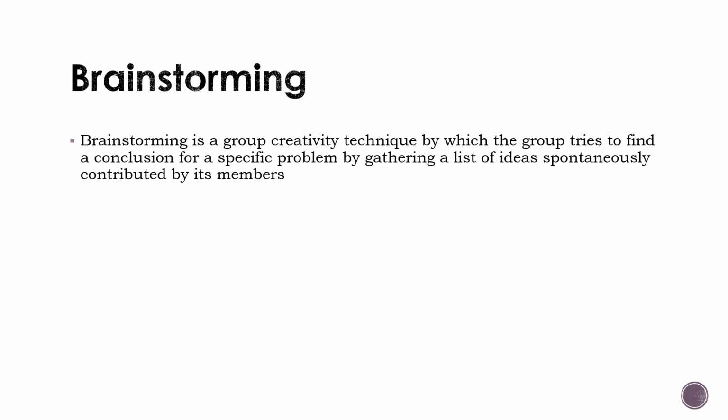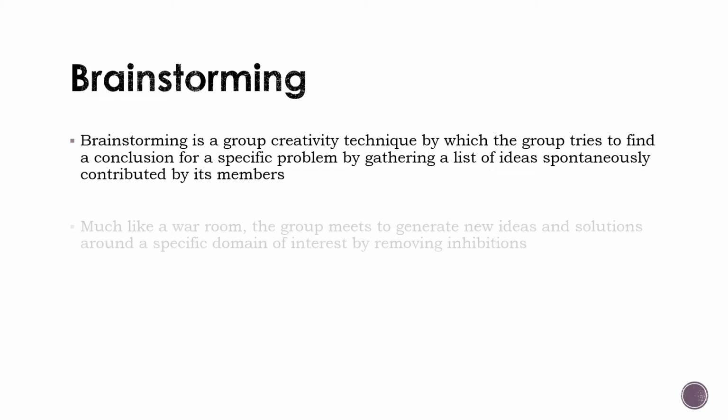When we say let's brainstorm something, we are basically trying to gather the entire group, get in a room, and come up with ideas spontaneously, right? That's the whole point: to be in the same room at the same time, or on the same call, in the same environment, and come up with ideas which are spontaneous in nature, not thought through. That is where brainstorming comes into the picture.